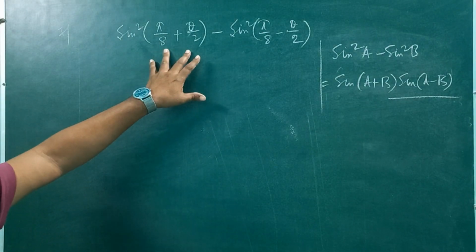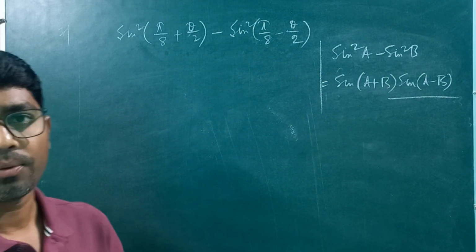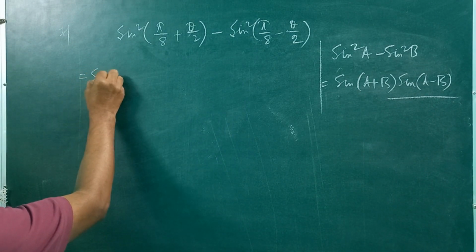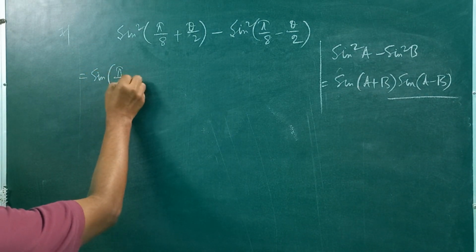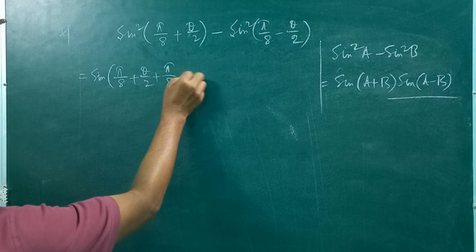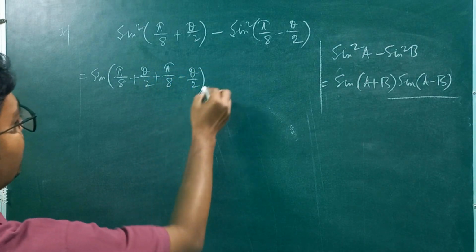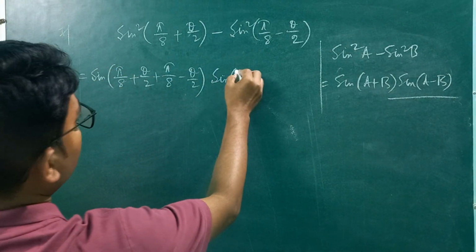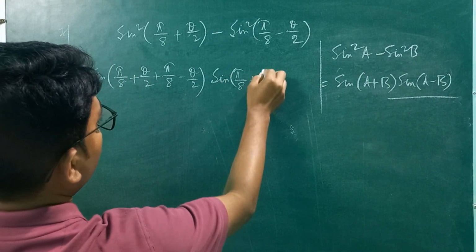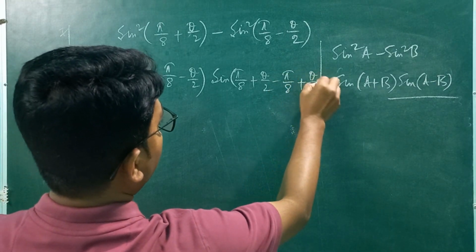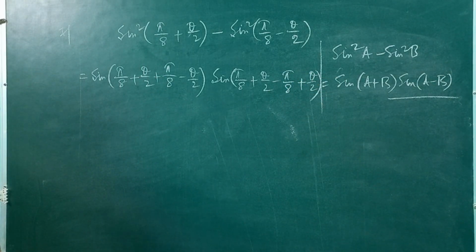This one is your angle A, this one is your angle B. So we just apply this formula, sin A plus B into sin A minus B. So you can easily calculate them.